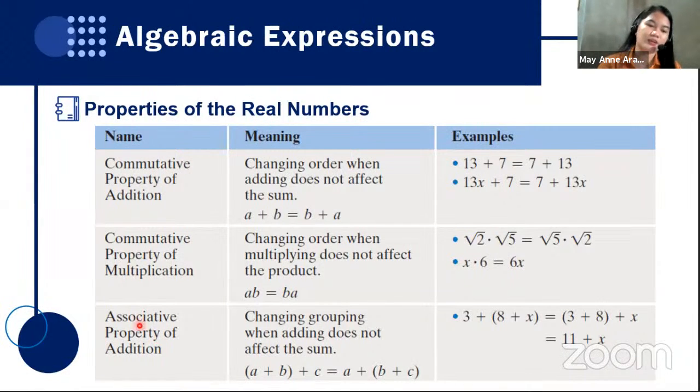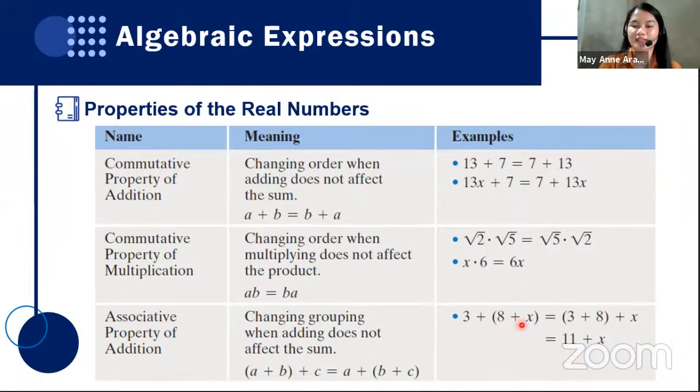Another property is the associative property. This is for grouping. For commutative, we have the order; for associative, we have the grouping. Changing grouping when adding does not affect the sum. So even if we group 8 and 6 or 3 and 8, we'll still arrive at the same answer, which is 11 plus x.